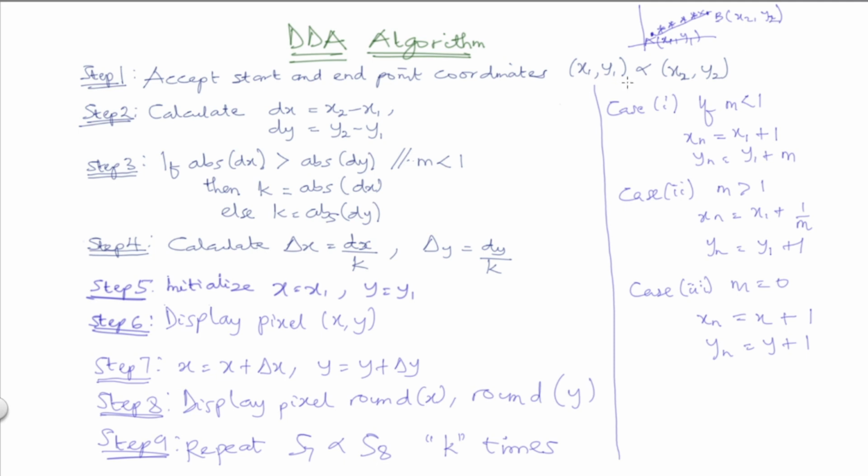So the first thing is we'll be given the 2 coordinates, and we'll be told to find out the intermediate floating points that will help us draw a straight line. So in the algorithm, the first step is to accept the start and end point coordinates, which are x1, y1 and x2, y2.